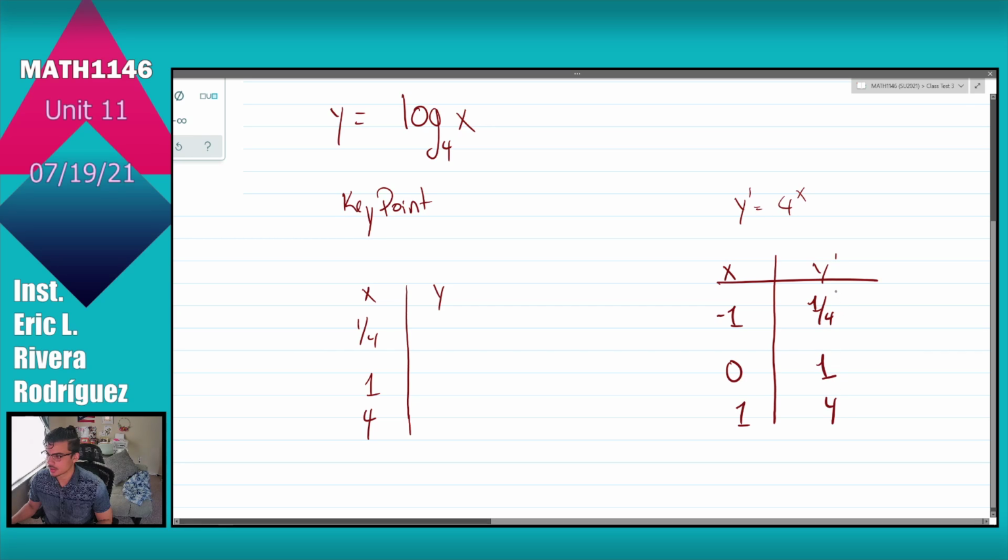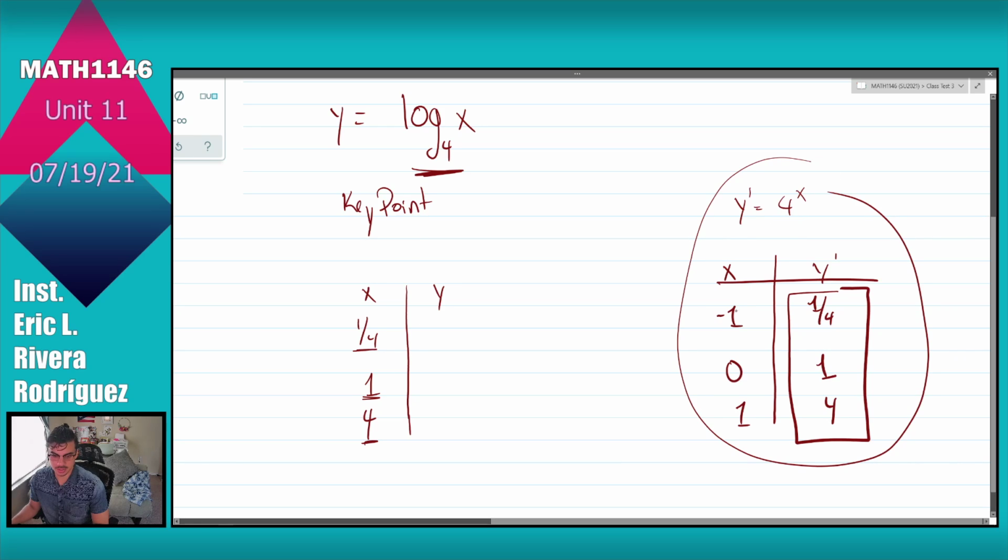The outputs of the exponential function are the same as the inputs here, because log base 4 of x is the inverse operation of the exponential function on the right. So just in case you forget what values go on the input for the logarithmic function, check the inverse operation.